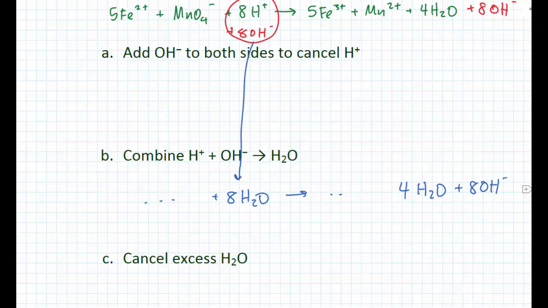Right. So what do I mean by cancel excess H2O? So take the 4 out from the right side. Or subtract 4 from both sides. Yep, subtract 4 from both sides. That's the best way to look at it. Okay.